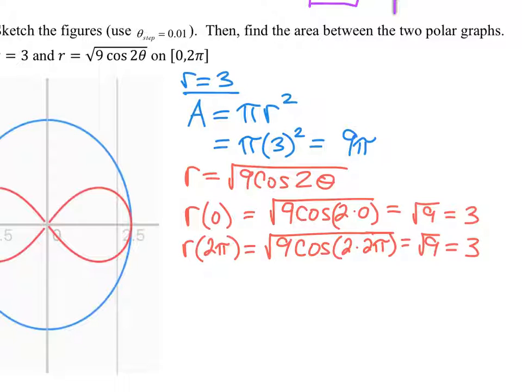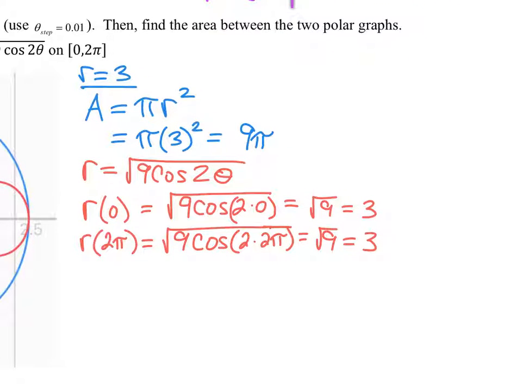Anything that's on coordinate axes for the unit circle would be calculator friendly. So just pop it in and show that they're both equal to 3. So this indicates that there's a closed loop, and so therefore we have a good domain.